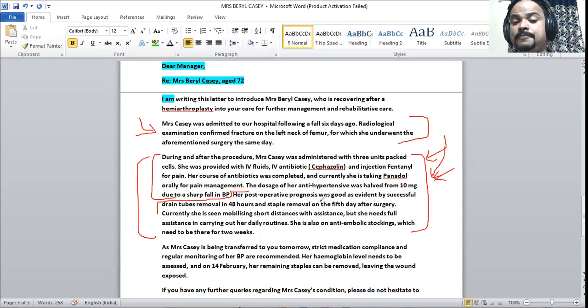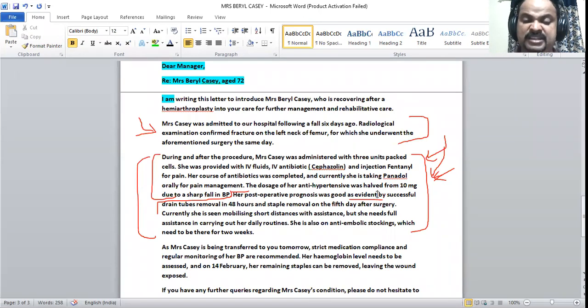So her post-operative prognosis was good, as evident by, now I can say as evident by or evidenced by. It is evidenced by successful drain tube removal in 48 hours.